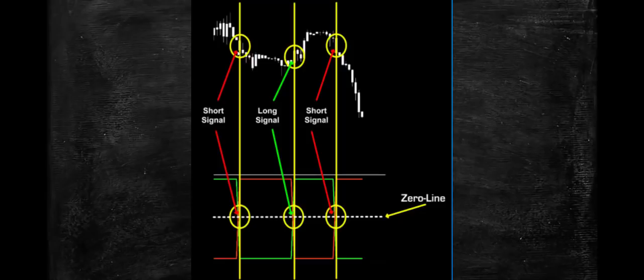But you see here, when things cross and all of a sudden you have a red line up here now, that is your short signal. You are now in a bearish program. To where here, where it flips back green, now we're going long. And then we flipped red again, and now we're going short.